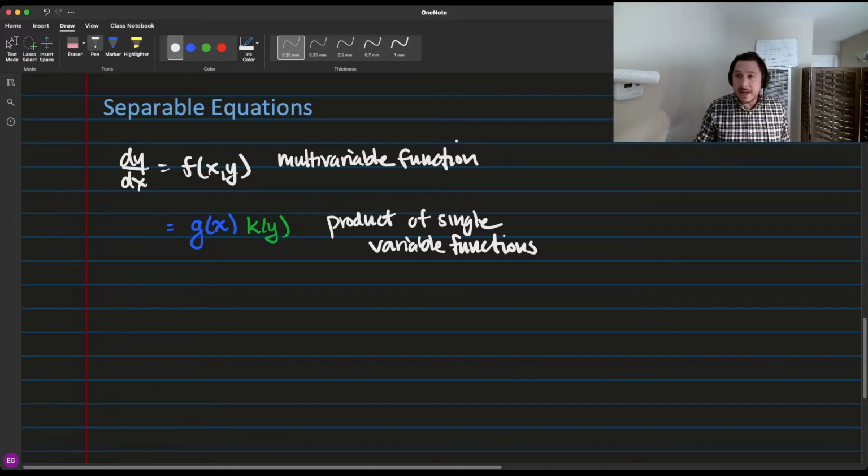Alright, cool. If you want it to be separable, there are multivariable functions which cannot be written as the product of single variable functions, in which case that differential equation would not be separable. You have to be able to separate them into two separate functions to make it separable.